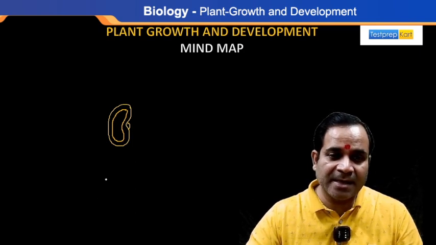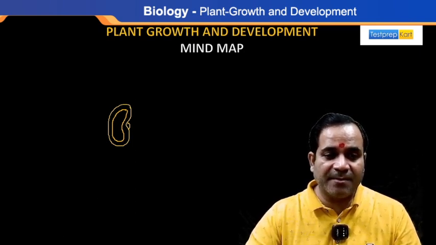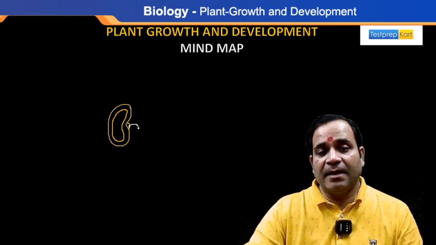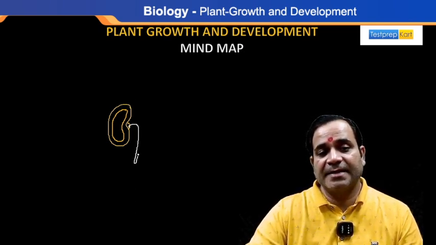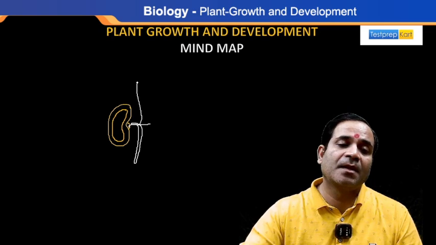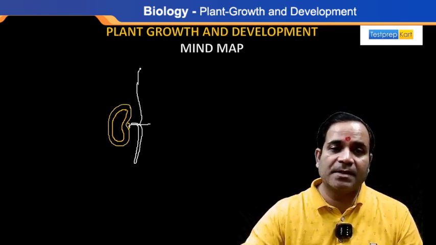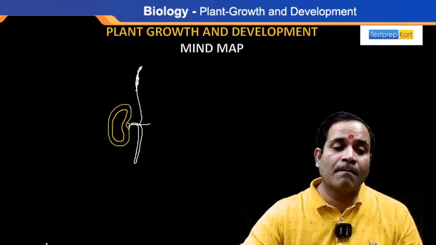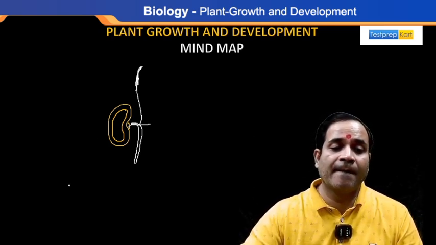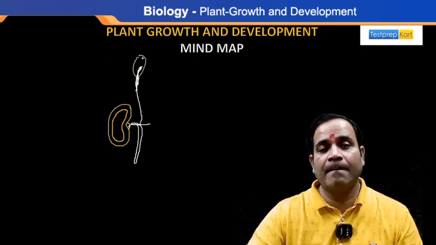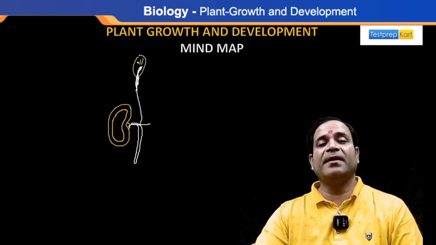So if I'm saying that the seed has a double-layered membrane, my dear, then the seed has two different layers.